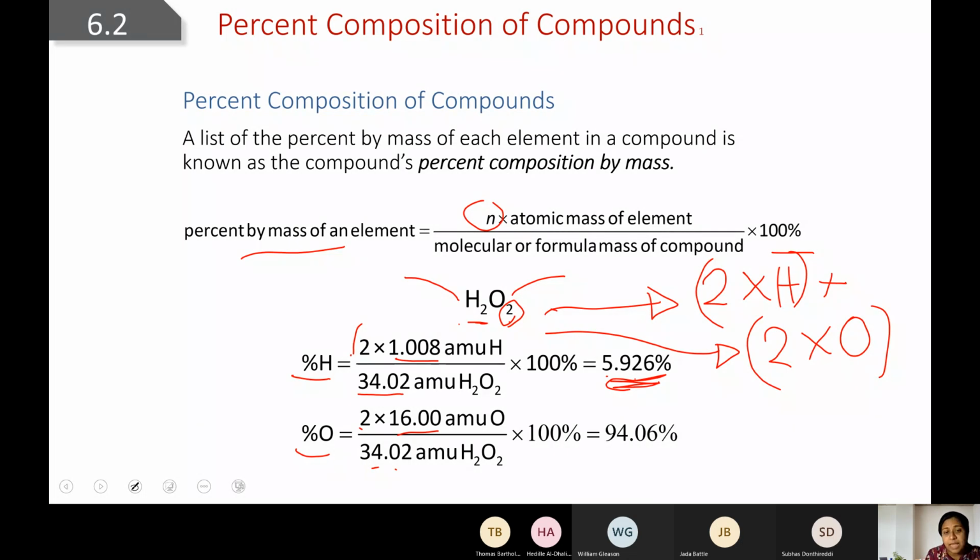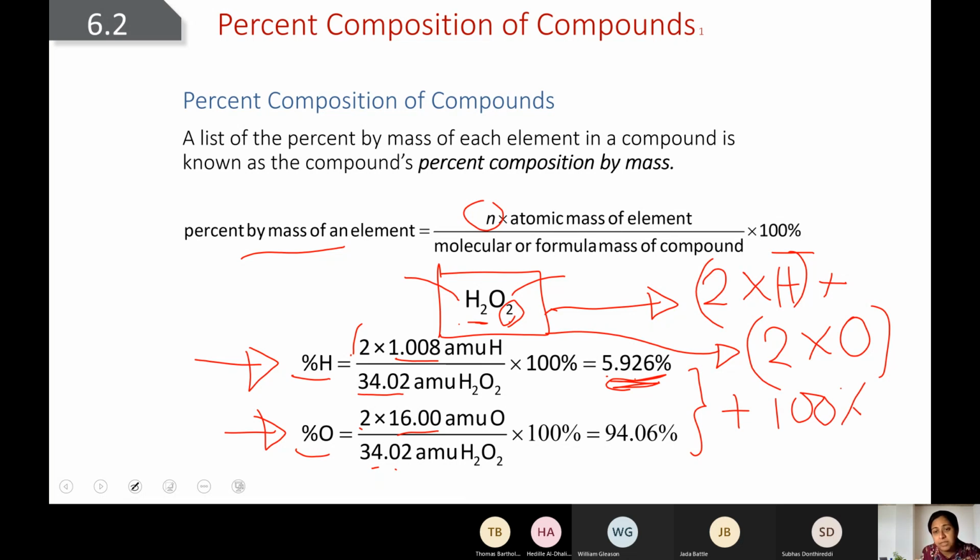So we calculated the mass percentage of hydrogen and of oxygen in hydrogen peroxide. Hydrogen peroxide has only hydrogen and oxygen, so if I add these two percentages, what should I get? Yes, I should get 100%, because in this compound I have only hydrogen and oxygen.